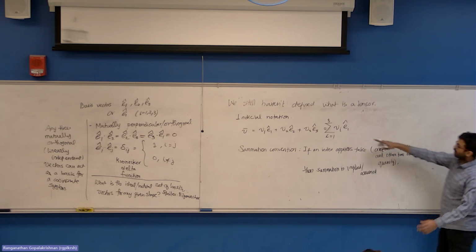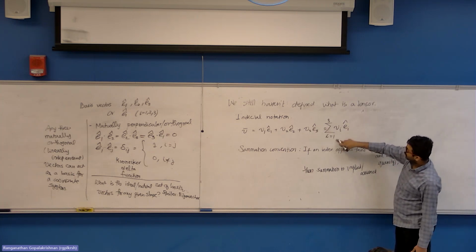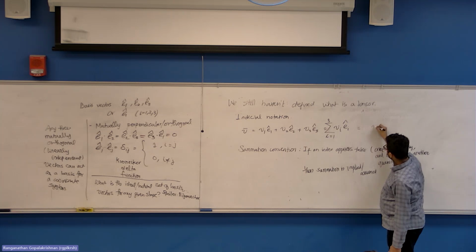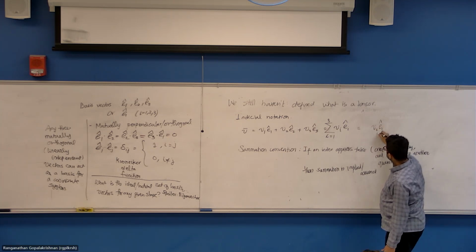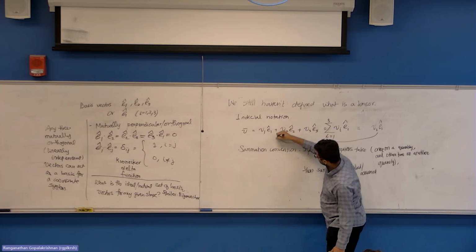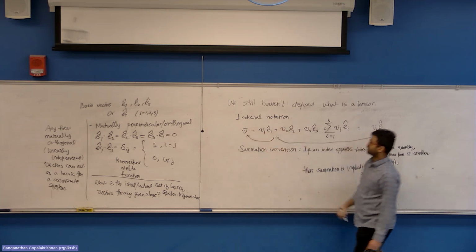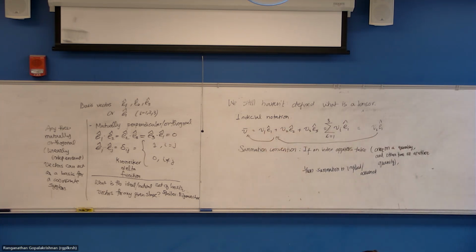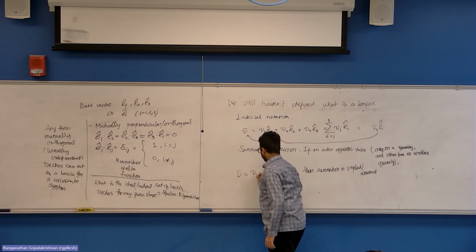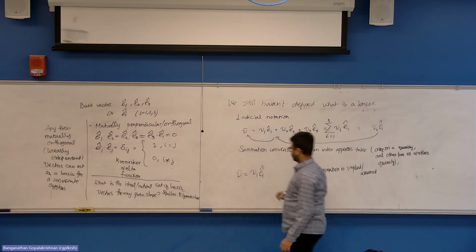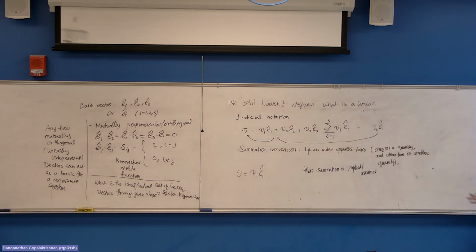So essentially what I'm saying is this summation symbol, i runs from 1 to 3, vi ei is simply dropped, and this is equal to this and a shorthand for representing this. So when we write a vector v, we just write vi ei. That's it. That's the summation convention.